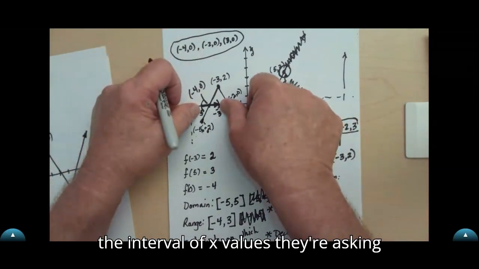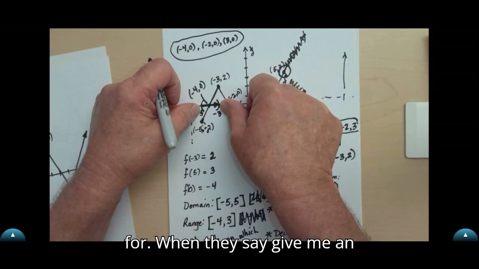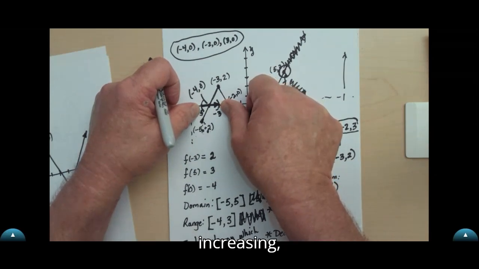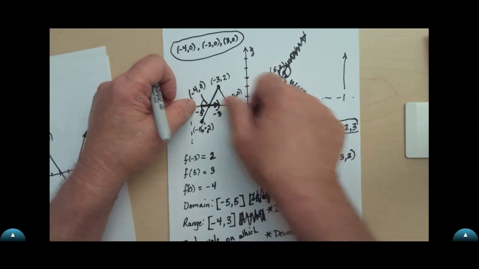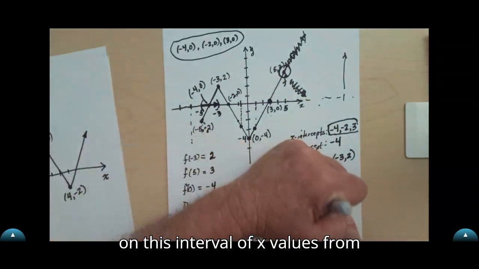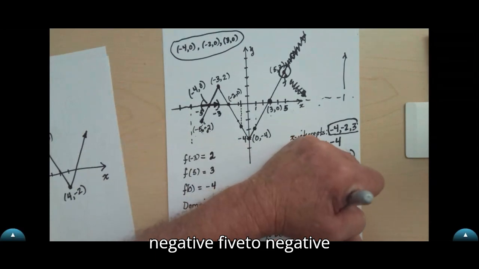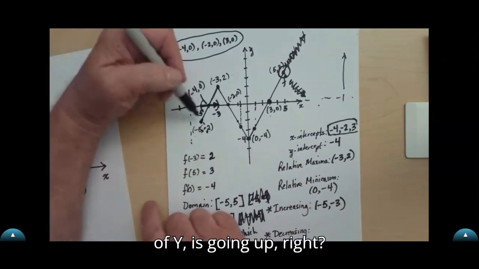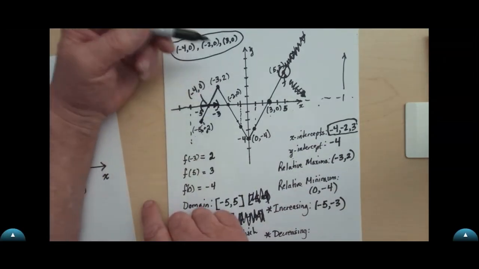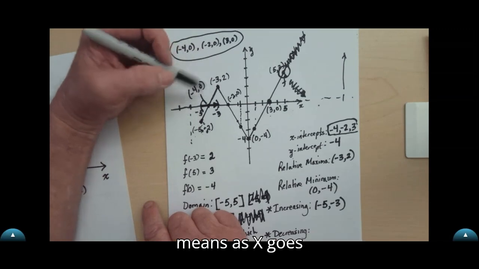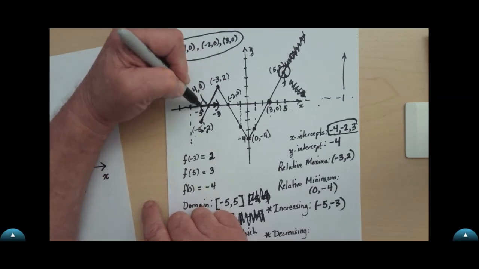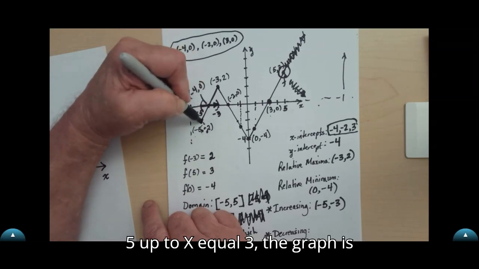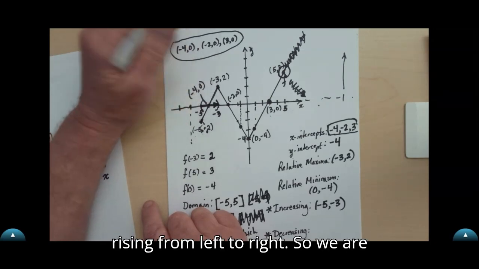It's the interval of x values they're asking for. When they say, give me an interval where the function is increasing, on this interval of x values from -5 to -3, the value of y is going up, right? But like I say, graphically, that just means as x goes through this interval of x equal -5 up to x equal -3, the graph is rising from left to right.